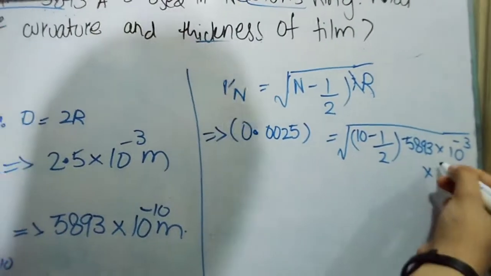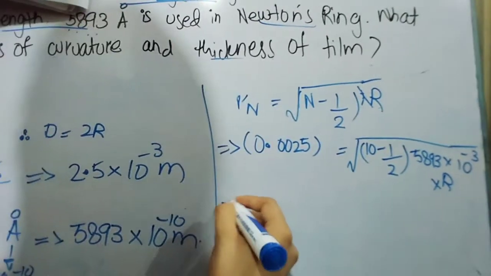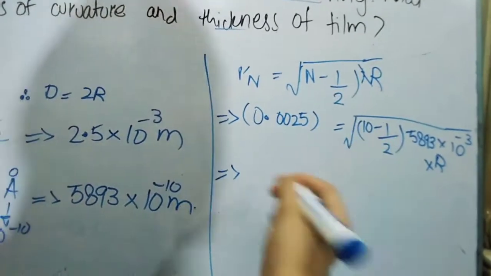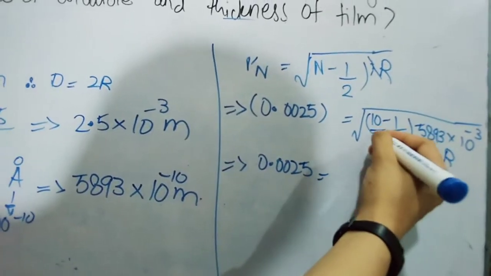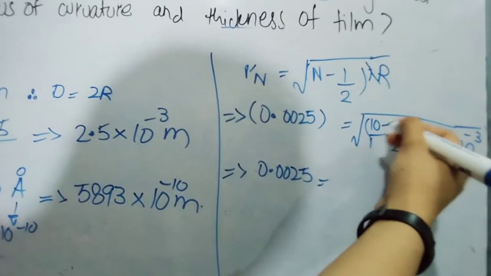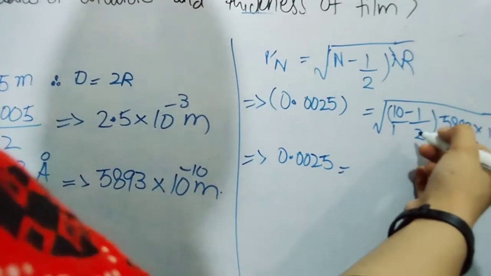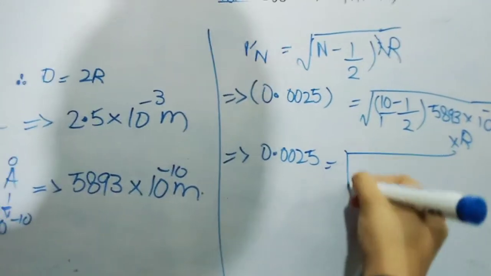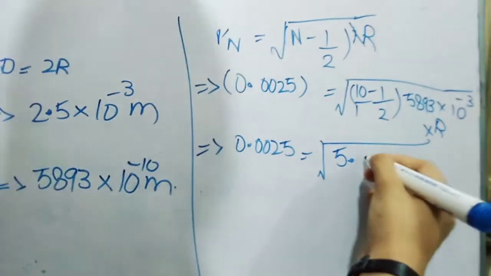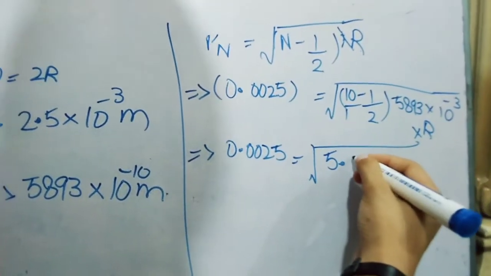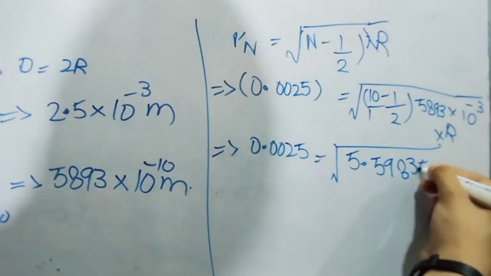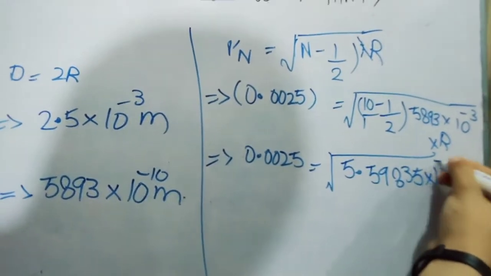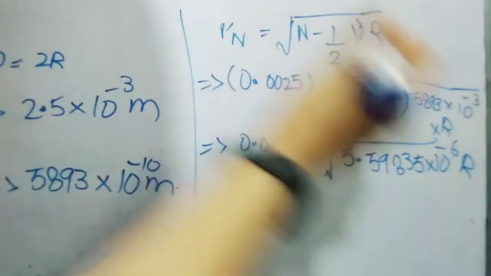And R is what we have to find. In short, when you solve this whole value, you will get 5.59835 into 10 raised to the power negative 6 into R.